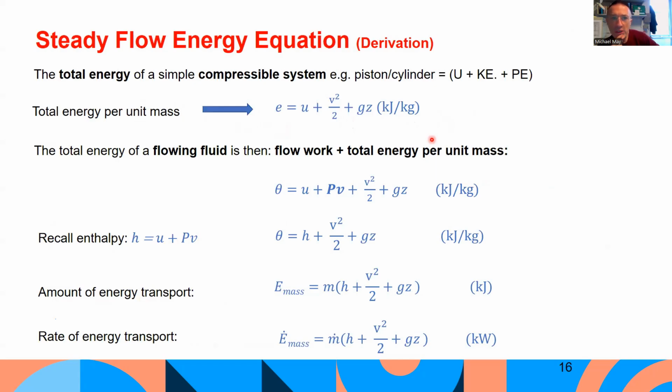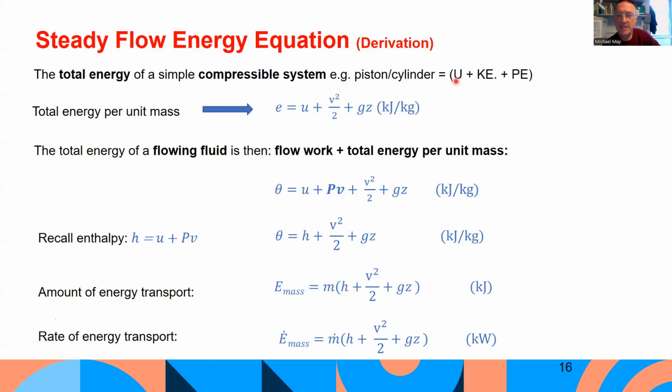So now the derivation for that steady flow energy equation. First, for a simple compressible system like a piston cylinder. When we say compressible system, we're looking at the likes of a piston cylinder device where you compress and expand, and there's a boundary work being done, and that's the main focus.